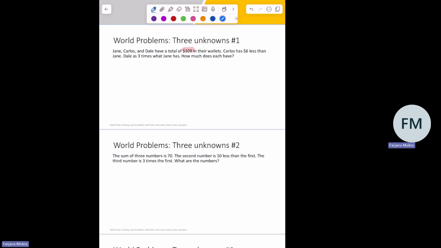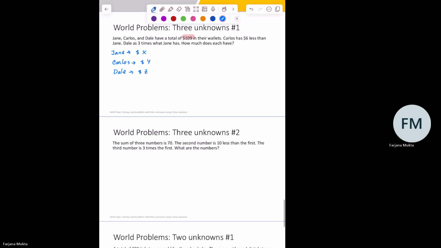So again, first of all, we'll assign some variable. So let's say Jen has dollars X, Carlos has dollars Y, Del has dollars Z. So we have assigned some variables. Now we'll use this variable to interpret all this in mathematical equation.